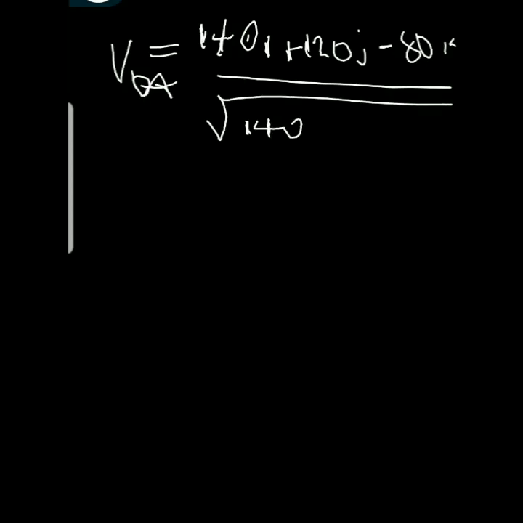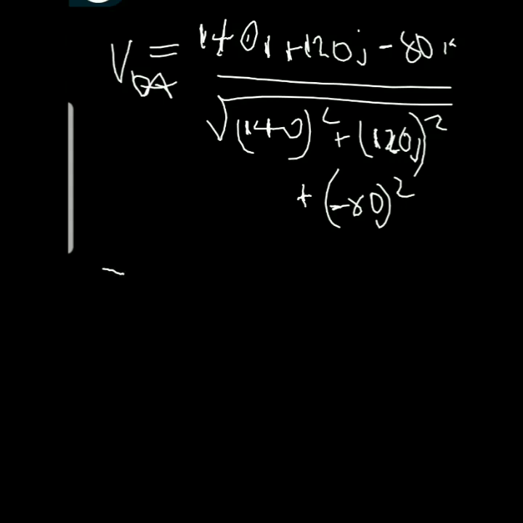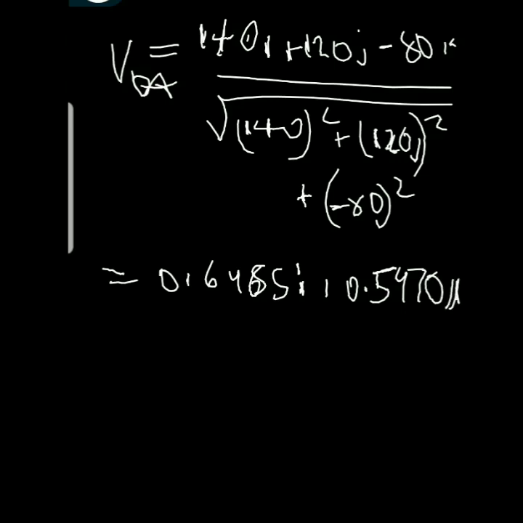This is the square root of 140 squared plus 120 squared plus negative 80 squared, and you have your unit vector being 0.6965 I plus 0.5970 J minus 0.3980 K. That will be your unit vector.